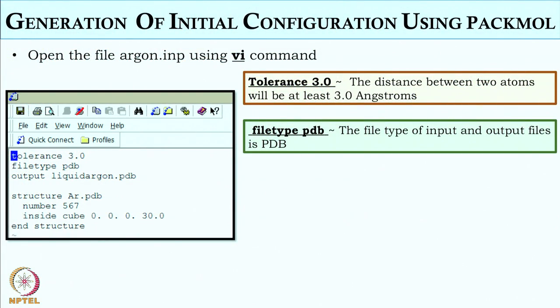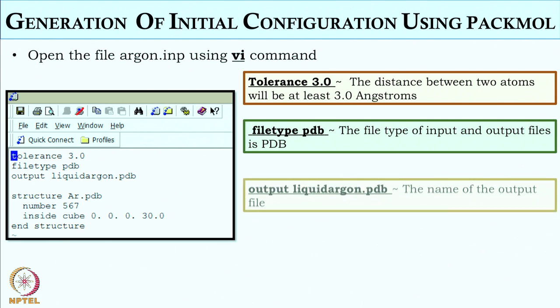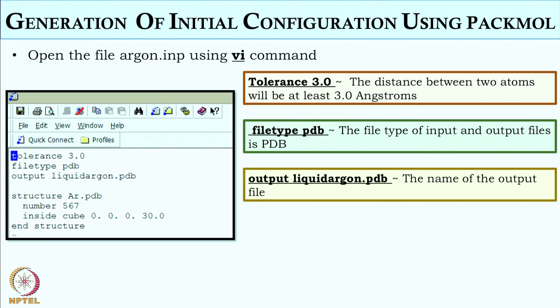It is user defined. The user can give any name according to their convenience, according to the simulation they are performing. But this file type pdb, is that not there in your INP file? This is there in the INP file, the second statement. What it means is that the input file which we are providing, like argon.pdb, is in the format of PDB, and the output which we will get is also in the format of a PDB file.